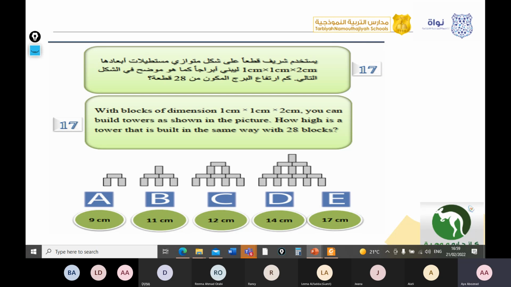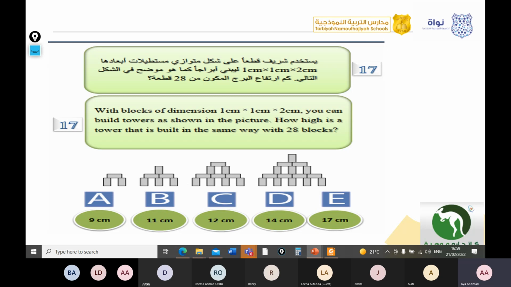Count the hearts. Okay, so I will give Donna and Lati the gold medal today. Sorry, it's 25. Okay, Joanna 25, Rancy 25. I need someone with more than 35 to take the gold medal.